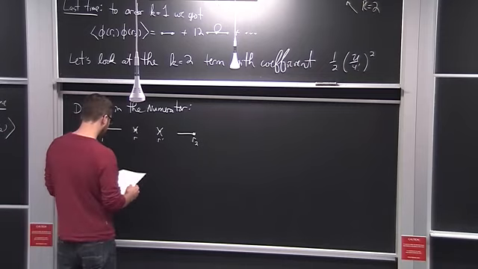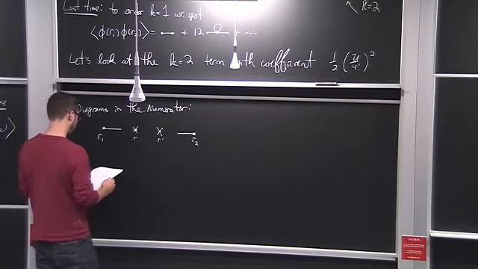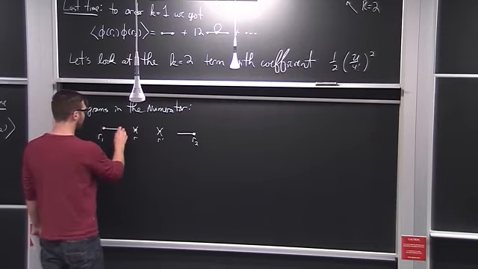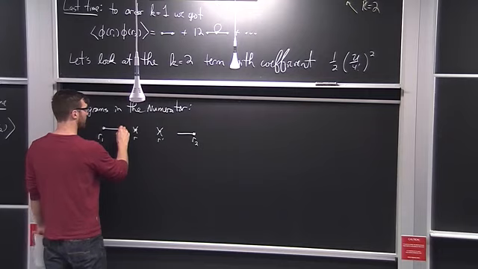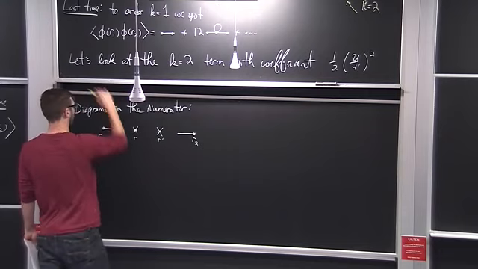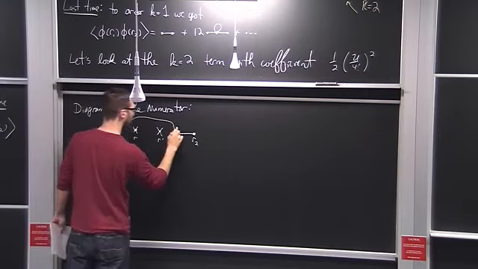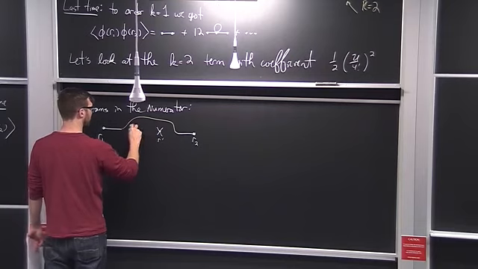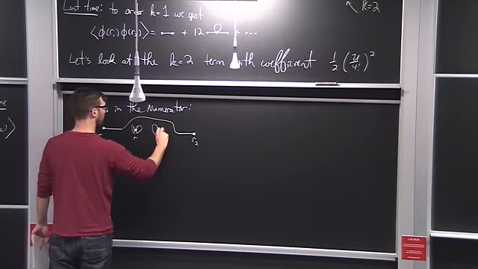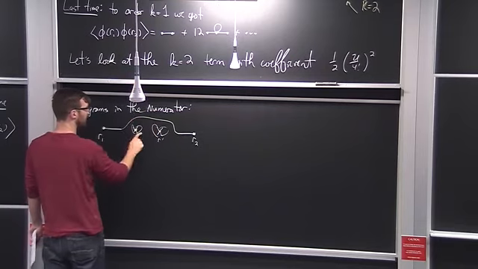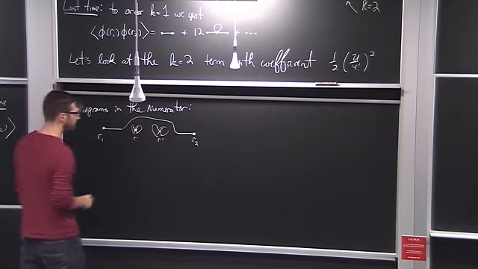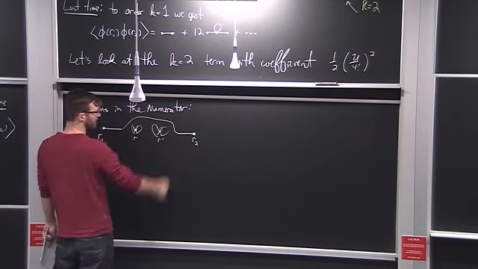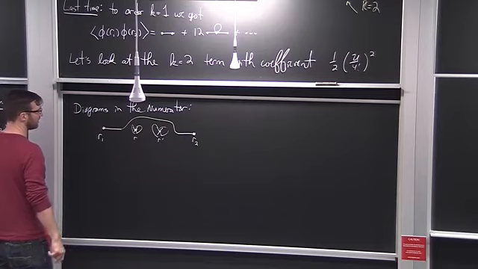So there's all sorts of crazy ways to do this. For example, let's do the vacuum graphs first. You can imagine connecting the two external fields, and then connecting these in all possible ways like that. We've already done stuff like that before. So there's one possible way to connect the external fields.